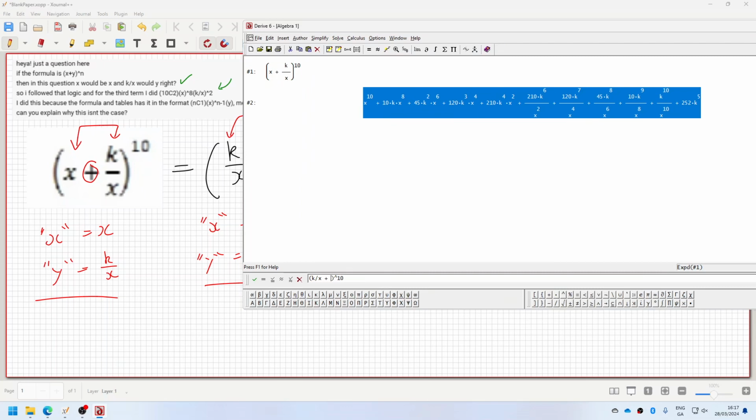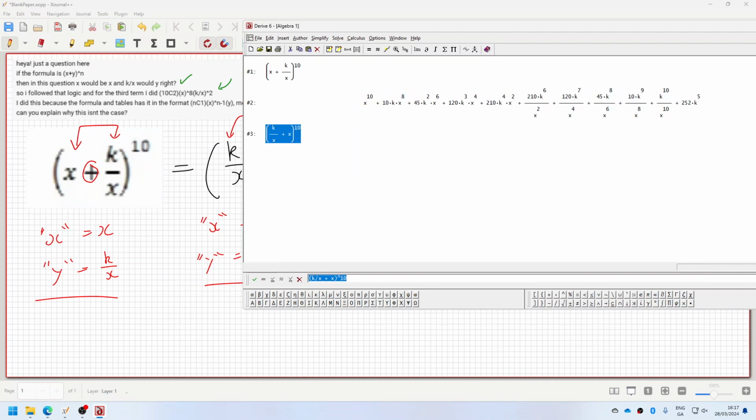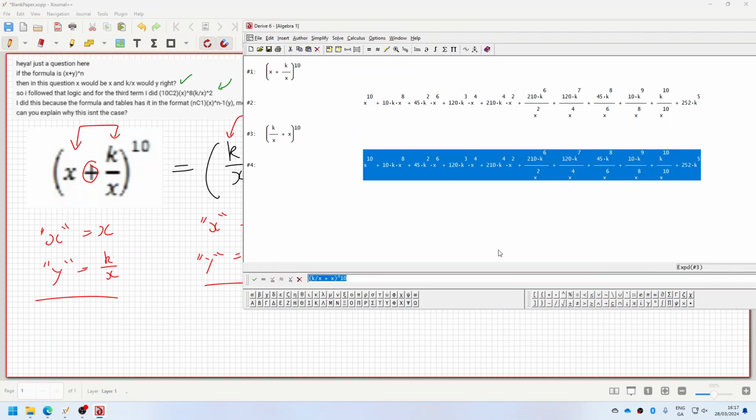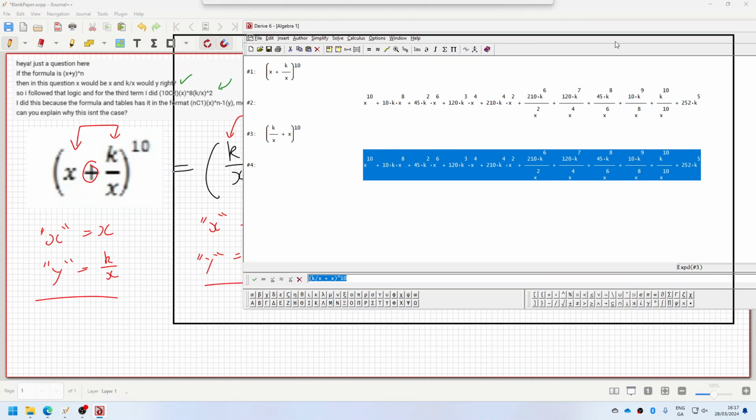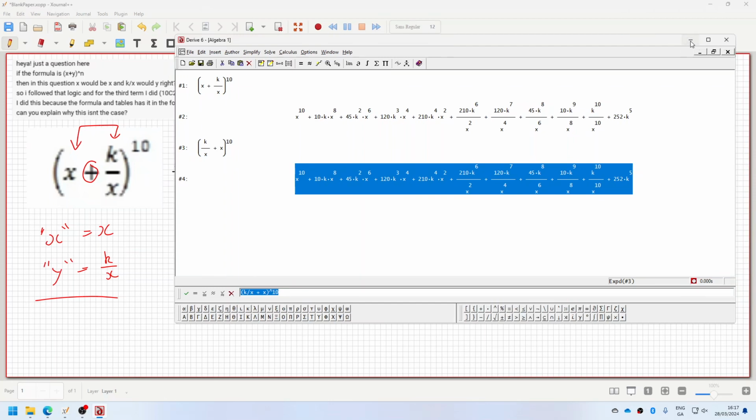I think it'll give exactly the same answer, but I'd prefer if it didn't. Yeah, it's given the same answer. But what I was hoping the computer might do is give the same answer but written backwards, but the computer has automatically rearranged it. So that doesn't help to make my point.